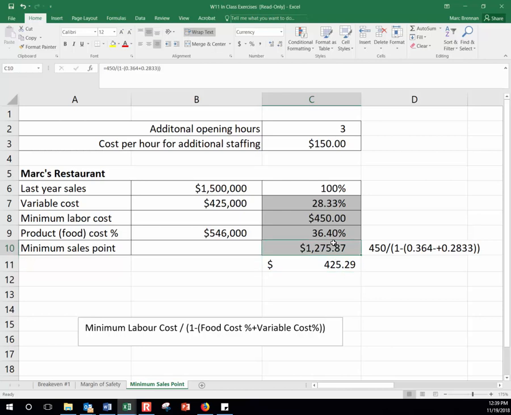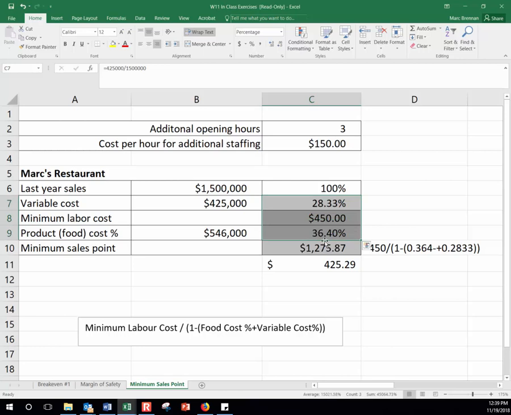So basically, in order for this to make sense, based on the fact that I have $150 in staffing, I have other variable costs of 28.33%, and I have a food cost of 36.4%. When I combine all 3 of these elements, my other variable costs, my labor, and my food costs, these are all variable costs, right?